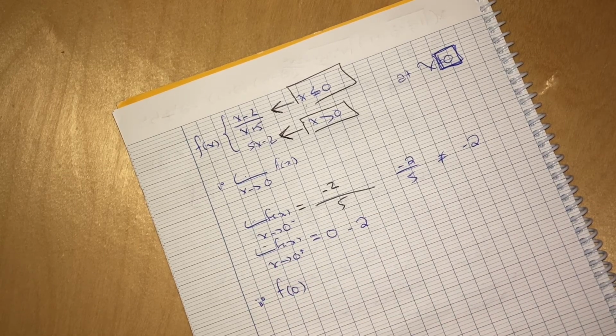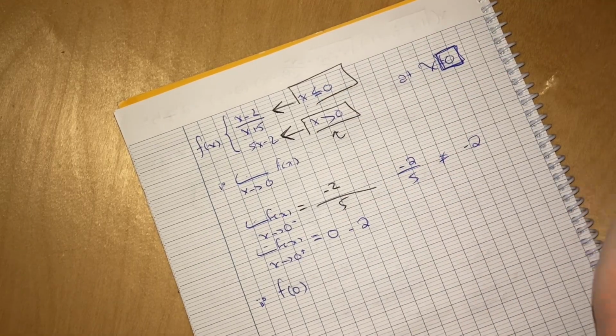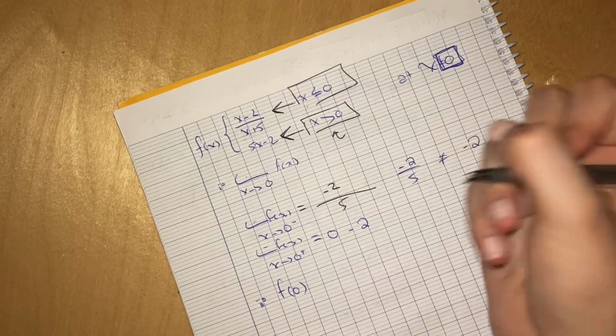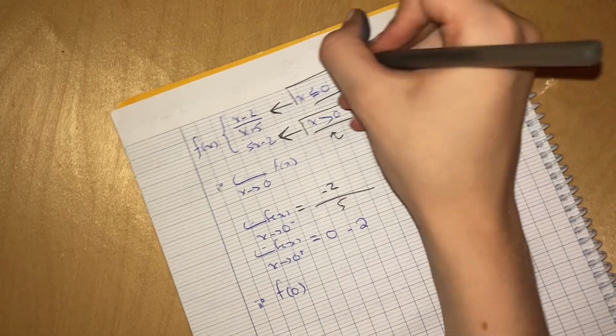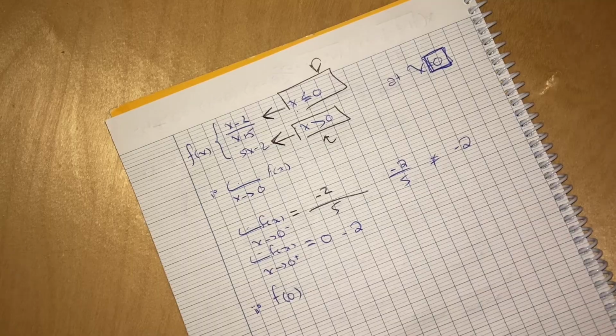So we need to check if it's even possible to have an equation where 0 is substitutable. If you look at this equation here, we can see that x is greater than 0. If it's greater than 0, that means it can't be 0. However, if you look here, it says x is less than or equal to 0, which means we have a possibility for x to be equal to 0.